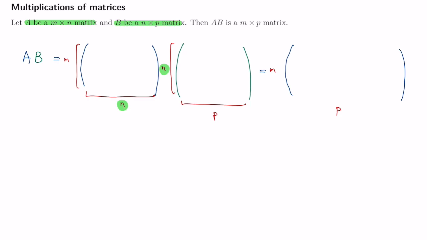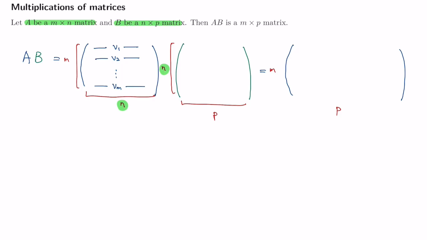Let us get more precise about how to do this multiplication. A is an m by n matrix. In particular, it has m rows. Row means horizontal. So let me call the rows phi1, phi2, all the way up to phim.